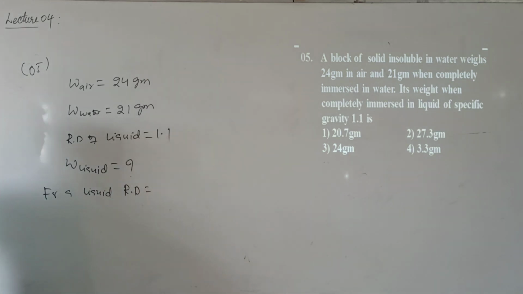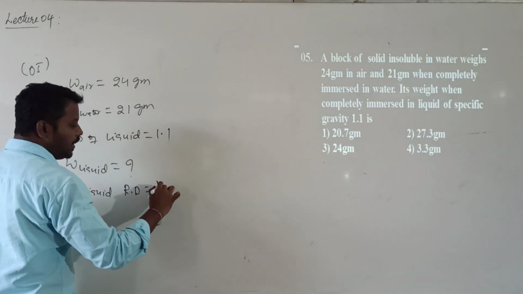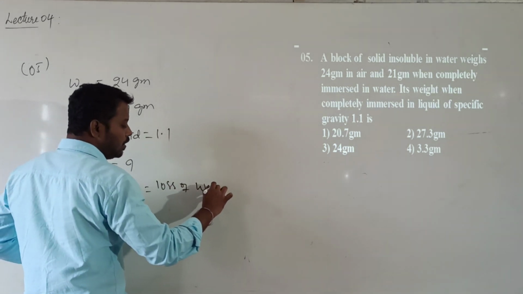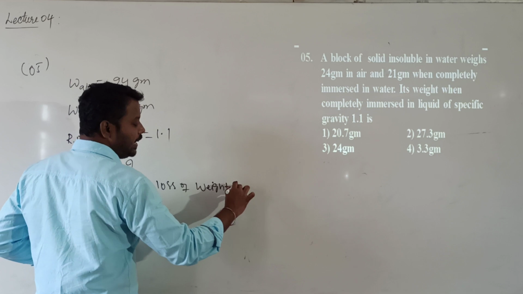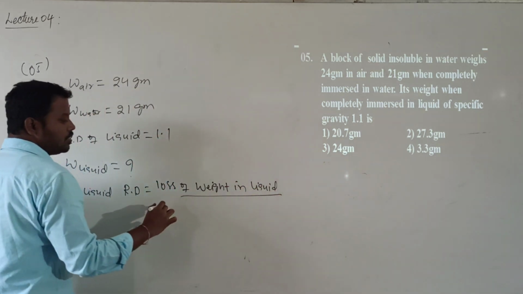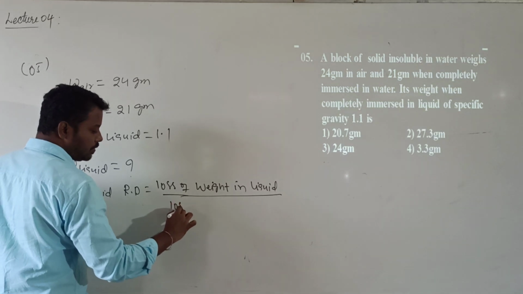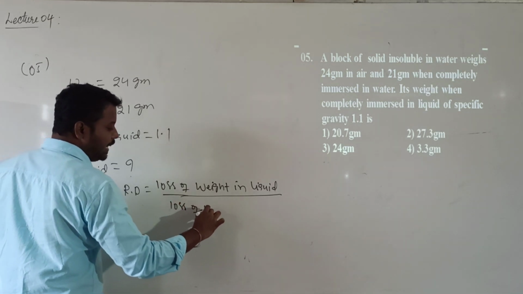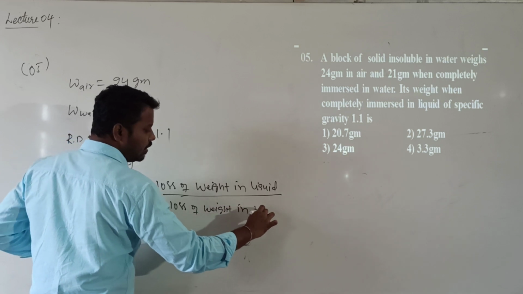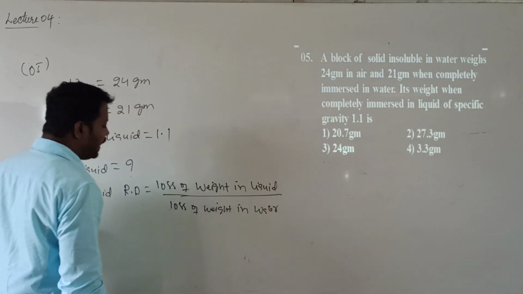Relative density is the ratio of the loss of weight in liquid to the loss of weight in water, as we discussed in the synopsis. Correct?